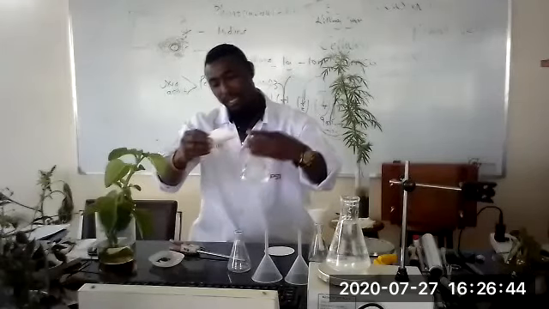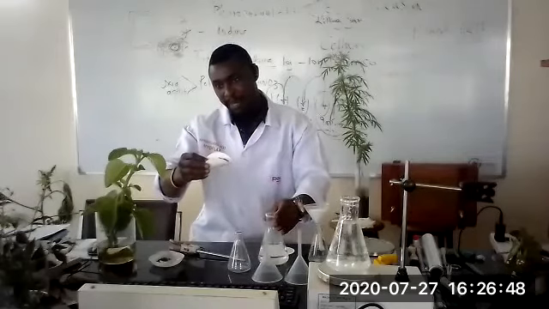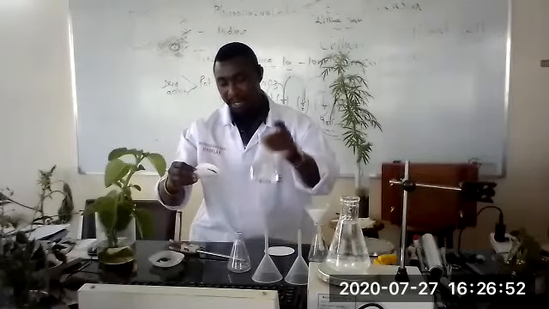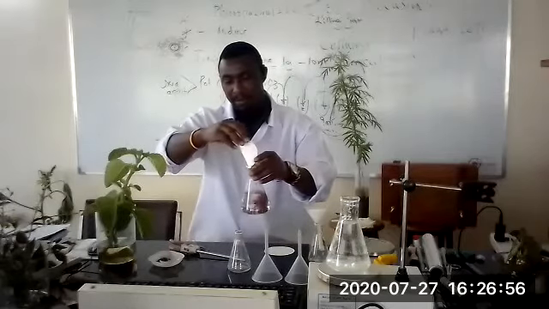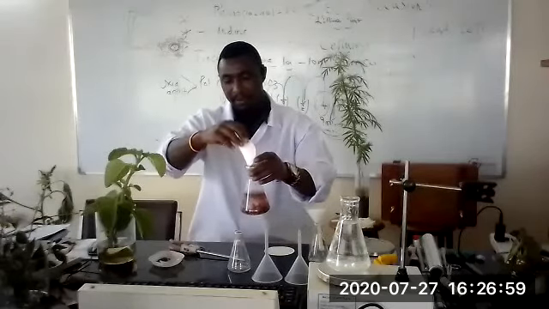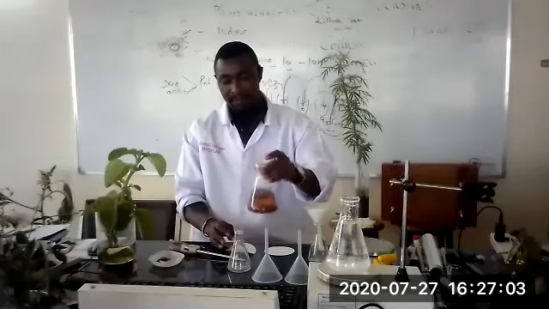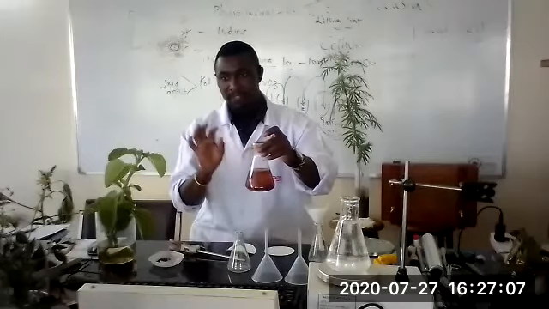This boiling water in this conical flask is 200 ml, and this is 10 grams. So I will add it here, and give it time to infuse, that infusion to take place.